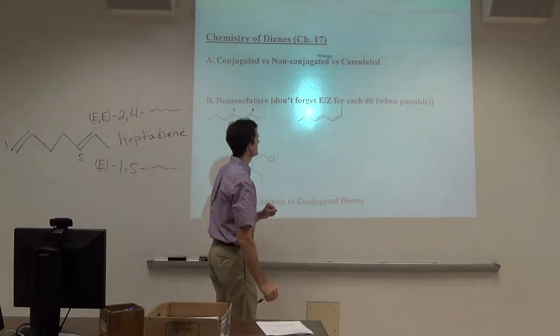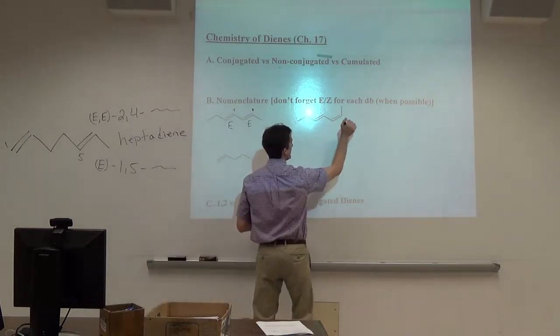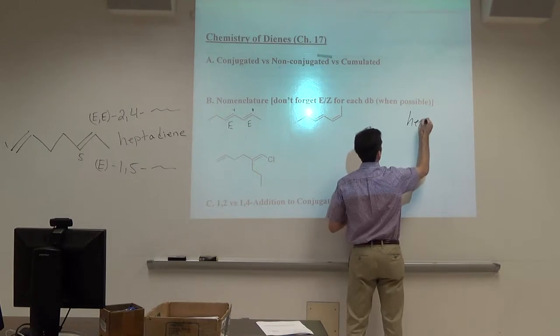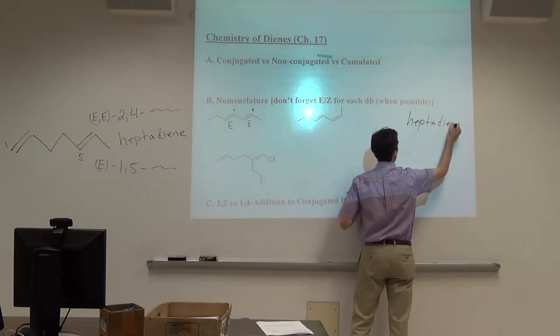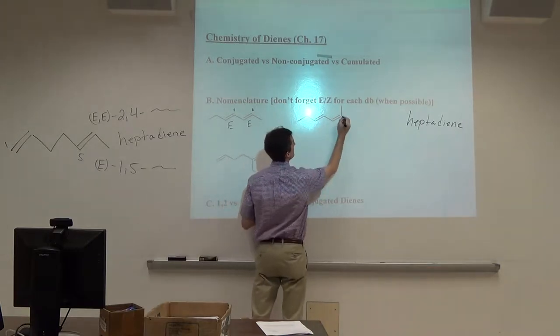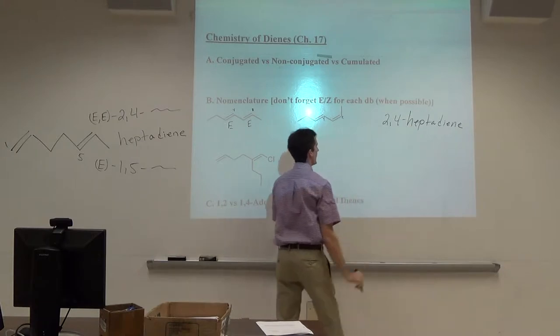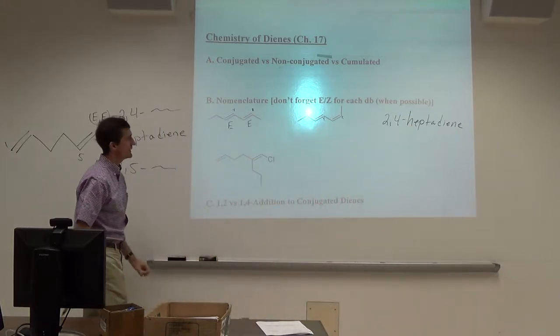What do you want to call this guy on the right? 1, 2, 3, 4, 5. Hey, that's also a heptadiene. What's the double bond positions? 2, 4. So we also have a 2, 4 heptadiene. What's the difference between this 2, 4 heptadiene?